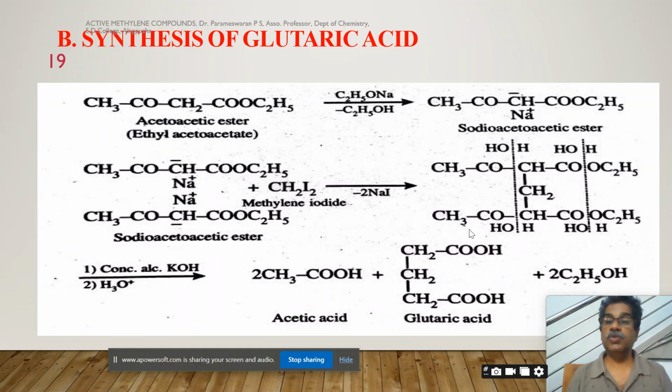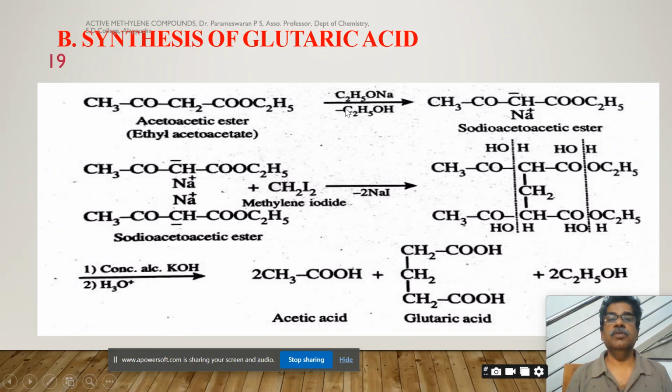In the previous case of succinic acid we used iodine. Here it is replaced by diiodomethane. That is the only difference.